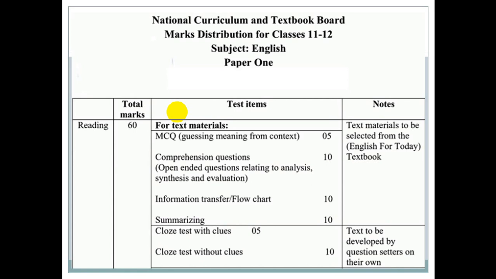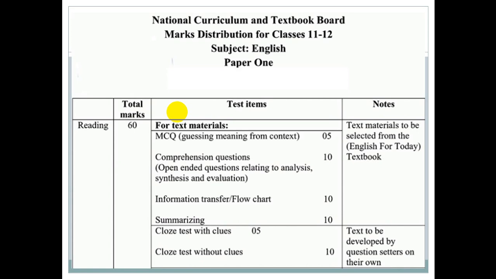Each will get 2 marks, and those questions are open-ended questions relating to analysis, synthesis, evaluation. And later comes the information transfer or flowchart. It will also be covered from another passage given in your examination, and then there will be another passage.